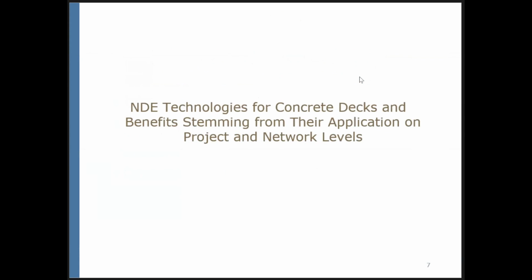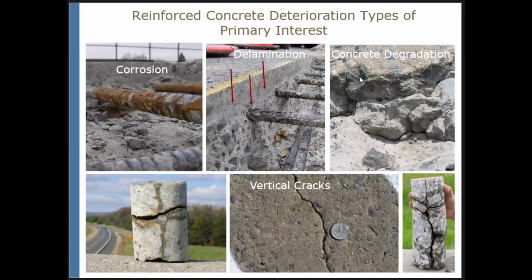So, a little bit about NDE technologies which we commonly use. What is of common interest when we are evaluating condition assessment? These are typical deterioration or defect formation types we find in concrete bridge decks. Corrosion very often initiates deterioration, then delamination.